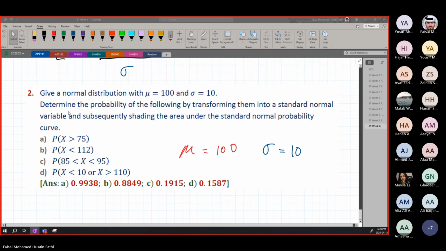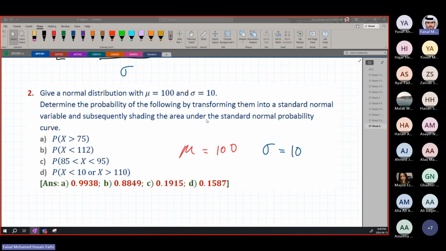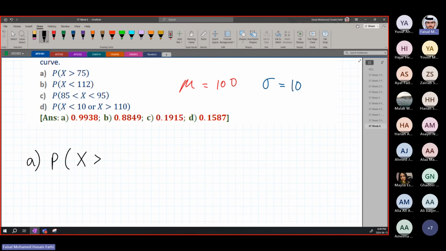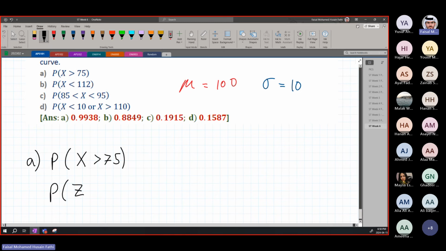Determine the probability of the following by transforming them into a standard normal variable, which we will be doing, and shading the area under the standard normal probability curve. First things first, we have A, the probability of x greater than 75. So we know we're going to get the probability of capital Z greater than a specific number, which we need to find.